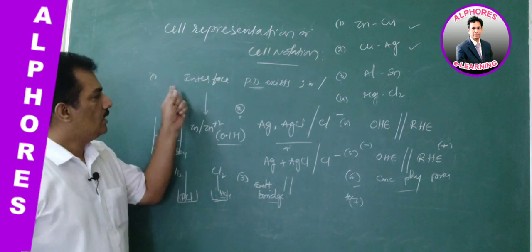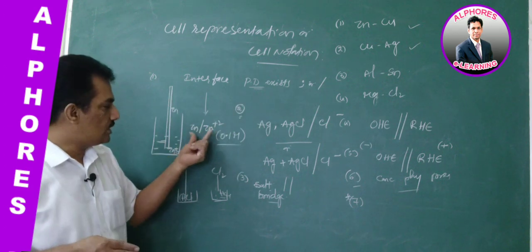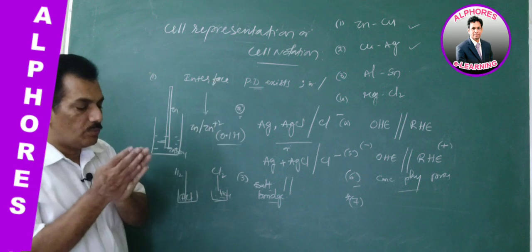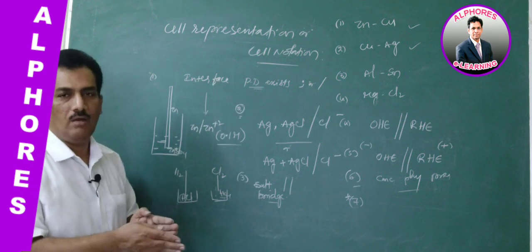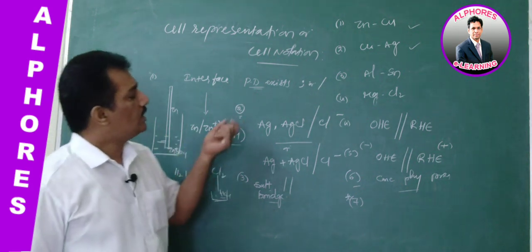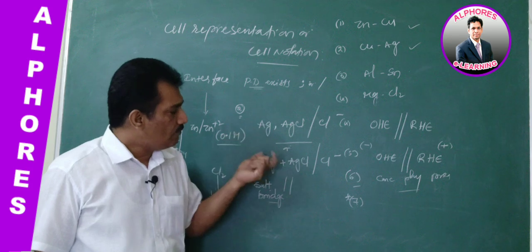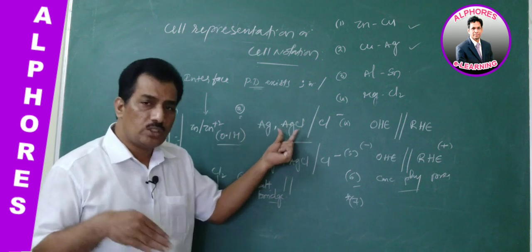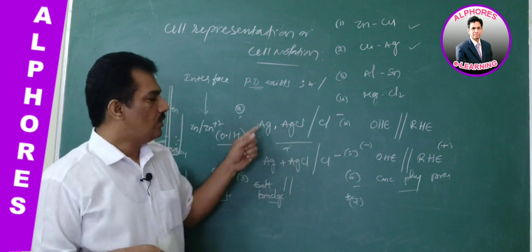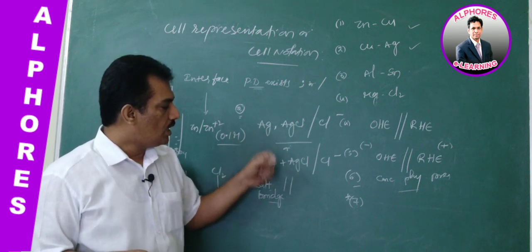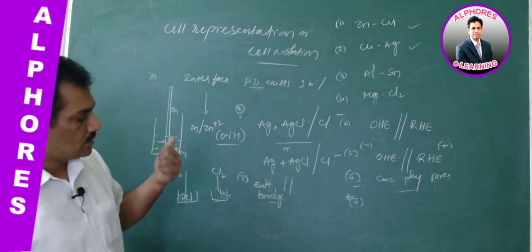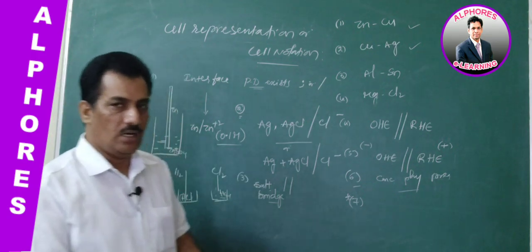Again I am repeating. First, where a potential difference exists at the interface between metal and metal ion, we represent that potential difference with a vertical line. Second, if the electrode has both the metal and metal salts together, then we represent them with a comma or with a plus. Clear? Third, the salt bridge is represented with two parallel lines.